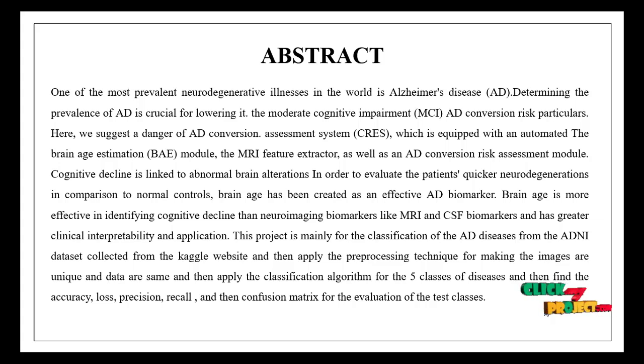This project is mainly for the classification of the AD disease from the dataset collected from the Kaggle website, and then apply the pre-processing technique for making the images unique and data the same, and then apply the classification algorithm for the 5 classes of diseases, and then find the accuracy, loss, precision, recall, and then confusion matrix for the evaluation of the test classes.